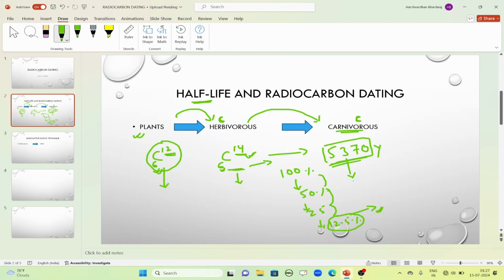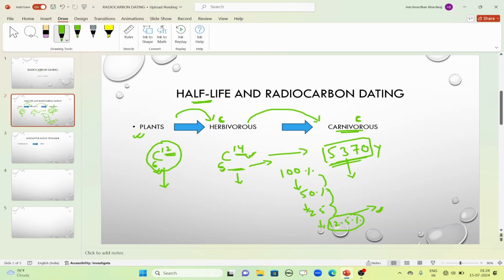The idea behind radiocarbon dating is this: when a living organism dies, the carbon 14 in its body decays. As time passes, the amount remaining keeps decreasing. We can measure the amount remaining, so we can know how old that stuff is. Now, how can we do that?